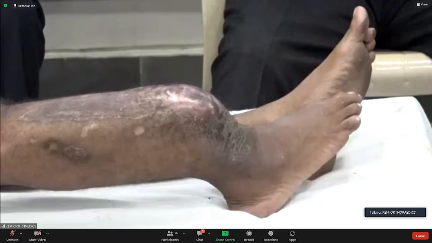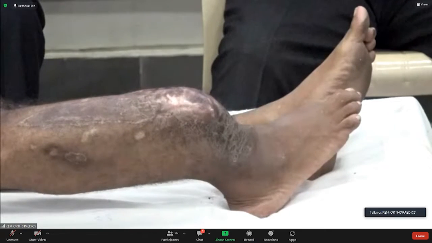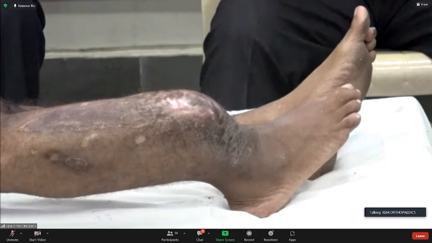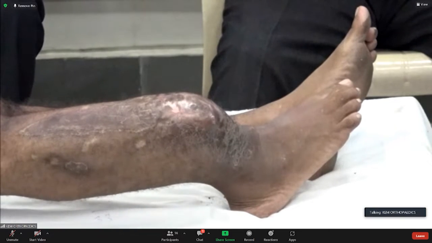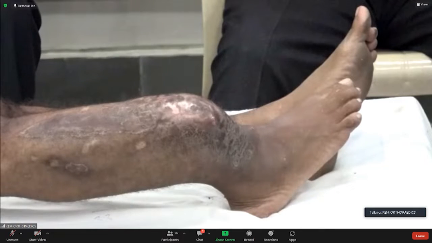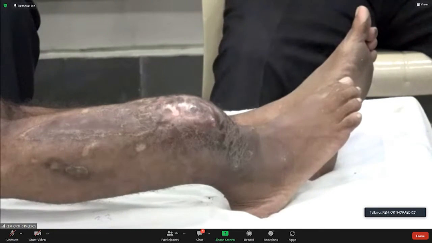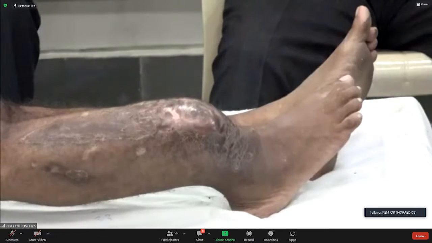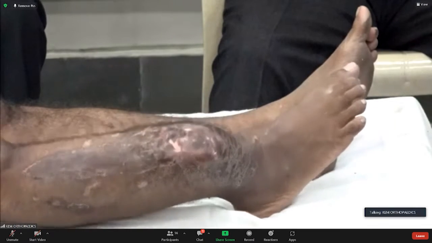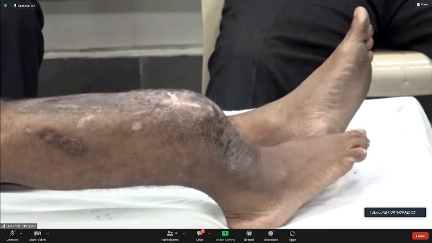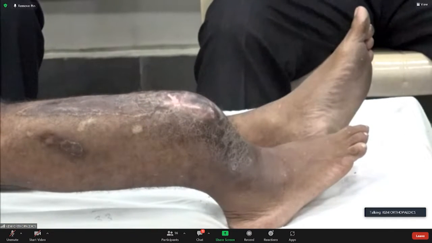Now what do you find? That it is in procurvatum, in varus, and is there any abnormal mobility or not? From history, how can you say there's a non-union or malunion? The patient gave a history that the deformity was progressive since the last 6 to 8 months. So there is non-union? No, that is not possible. On palpation, you find there is no mobility in the coronal plane, the sagittal plane, and the axial plane.